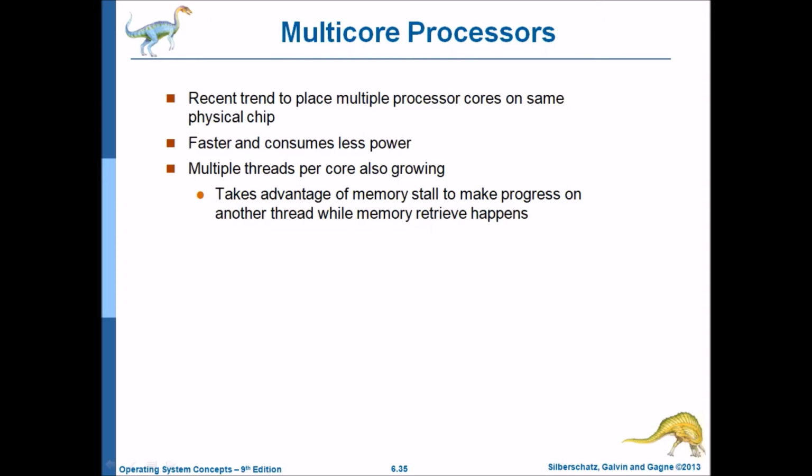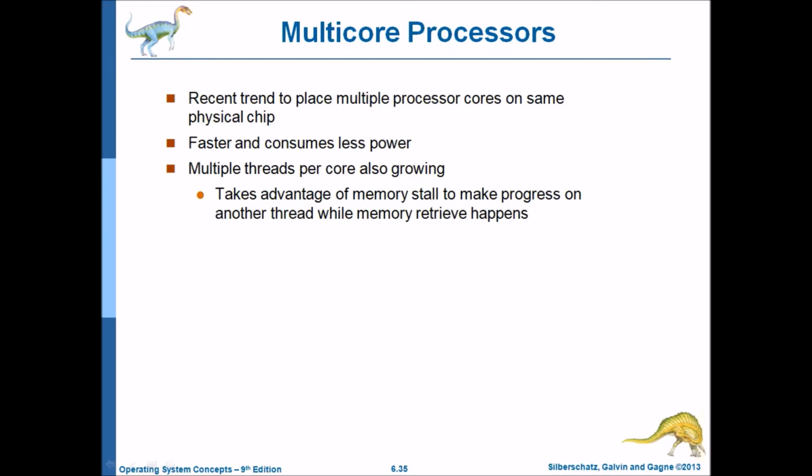Traditionally, SMP systems have allowed several threads to run concurrently by providing multiple physical processors. However, a recent practice in computer hardware has been to place multiple processor cores on the same physical chip, resulting in multi-core processors.